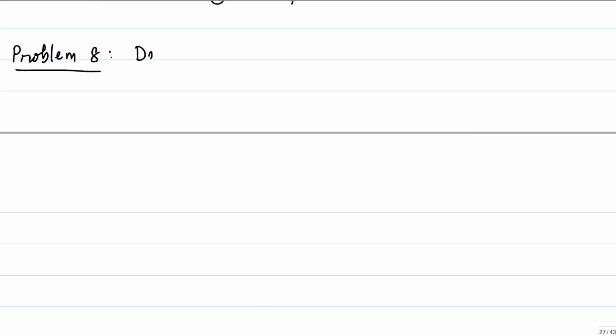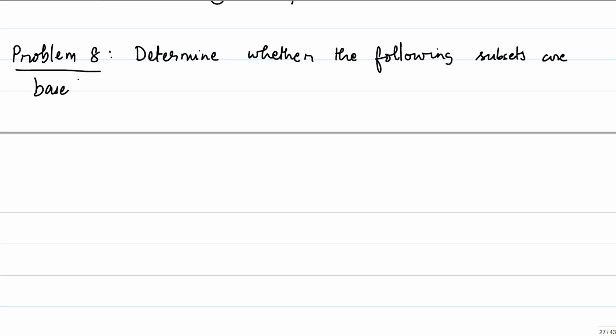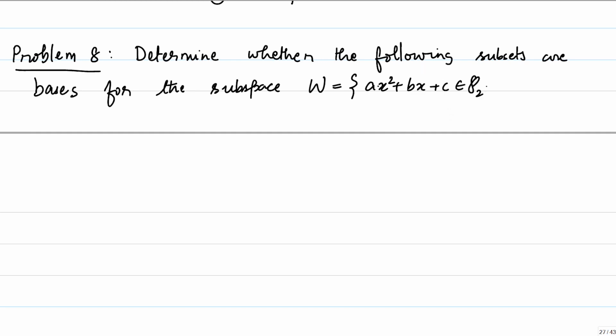Determine whether the following sets are bases for the vector space or subspace W of R such that 2a plus b plus c is equal to say 0. So where is this a subspace? A subspace W in P2 of R.